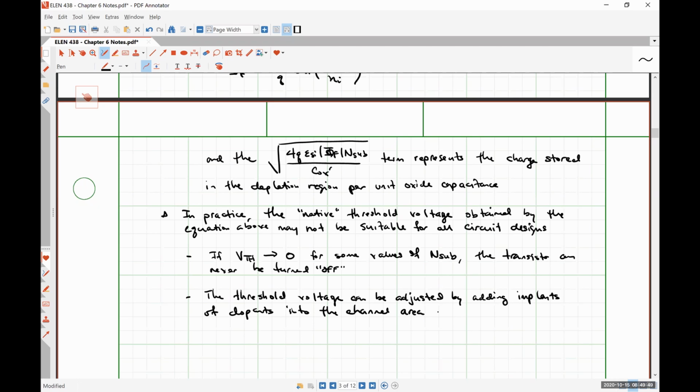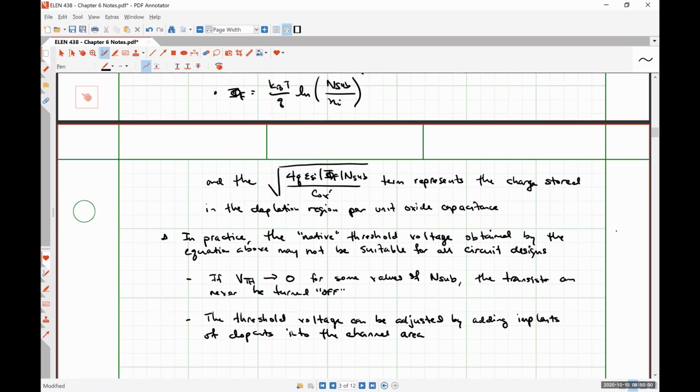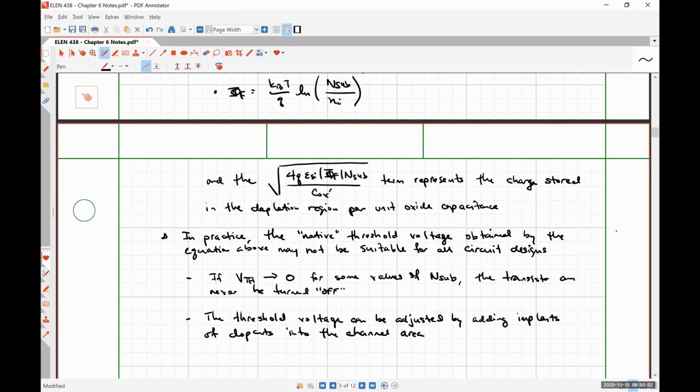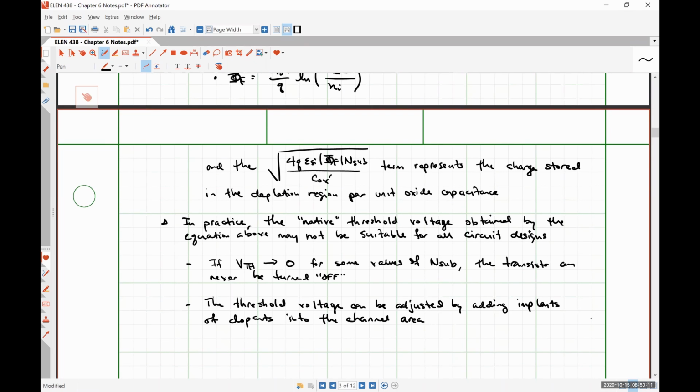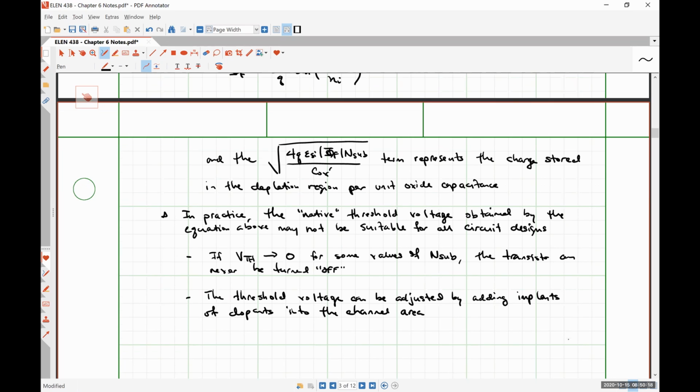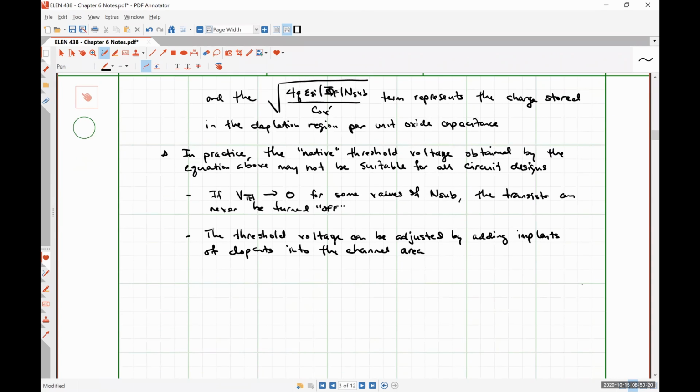So this is going to affect the amount of charge stored, in our case, on the negative plate of the capacitor. So we're going to have to apply a larger voltage at our gate to overcome that. So we're forcing it to require a higher voltage in order to create inversion conditions. Okay, so that's what those implants will do.